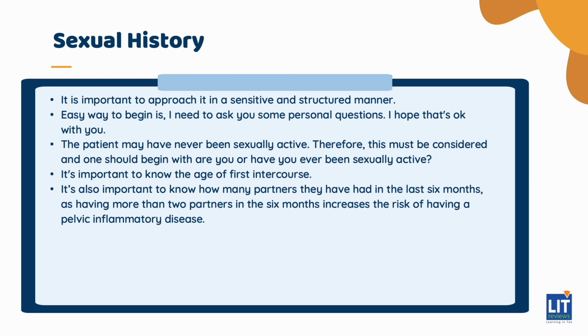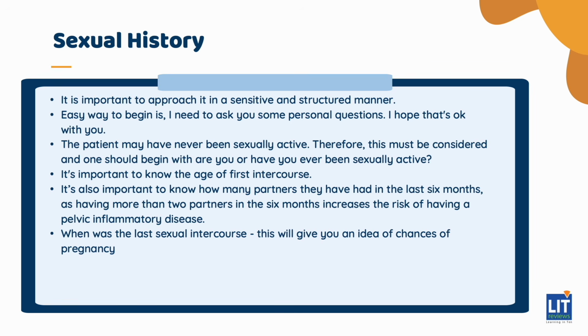It is important to inquire about how many partners they have had in the last 6 months, as having more than 2 partners in 6 months increases the risk of pelvic inflammatory disease. Asking about their most recent intercourse is an important leading question, as this will give you an idea of the chances of pregnancy and the risk of pelvic inflammatory disease.